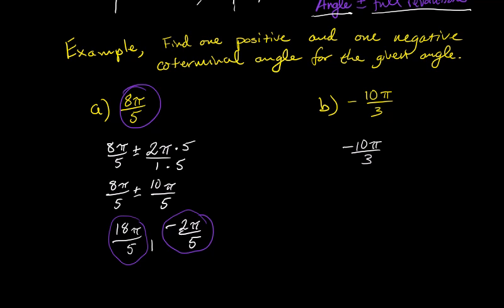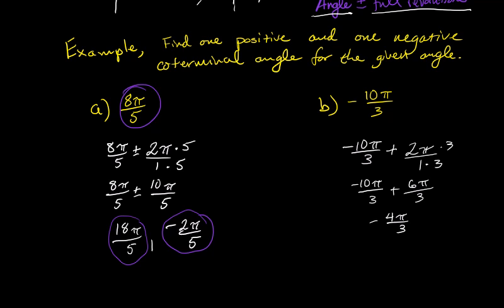And so I'm probably just going to add 2 pi. And if I add 2 pi, I'm going to get a common denominator, multiply by 3, multiply by 3: negative 10 pi over 3 plus 6 pi over 3. Then I'm going to have negative 4 pi thirds.